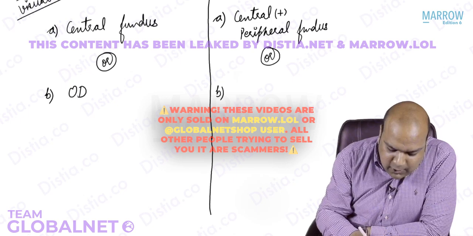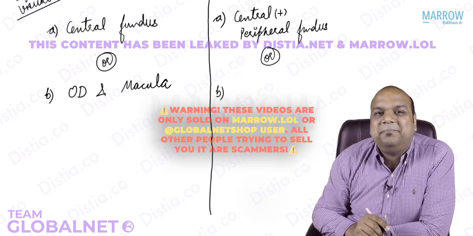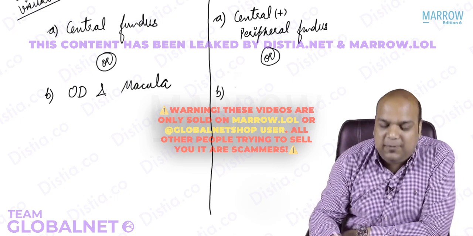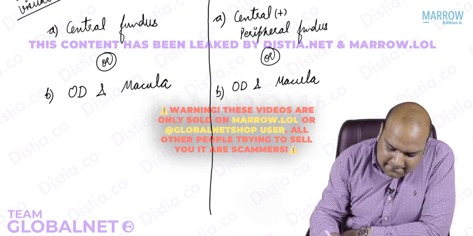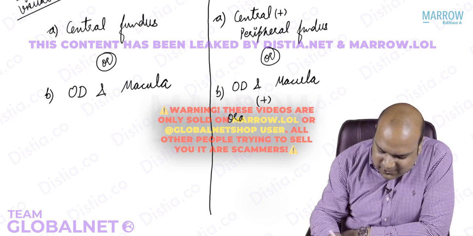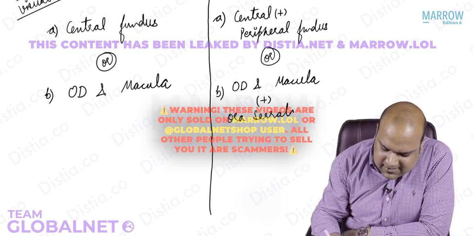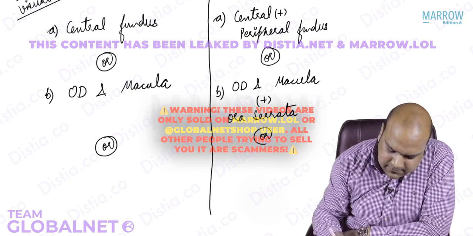We were able to look at the optic disc and we were able to look at the macular area. But if we are doing indirect ophthalmoscopy, we are looking at optic disc and macula. But we will also be able to see ora serrata.